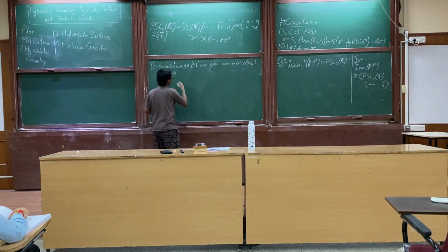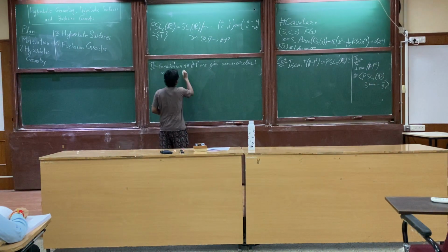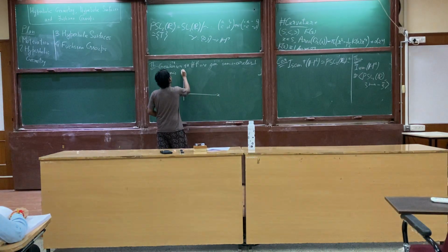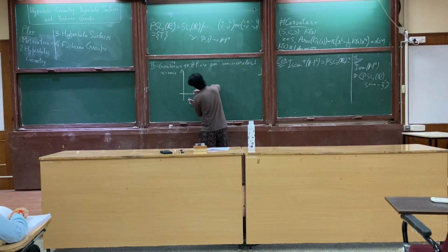So what does this mean? Let's just draw the picture. So this is the x-axis and the y-axis. And what I mean are half lines like this and semicircles like this.